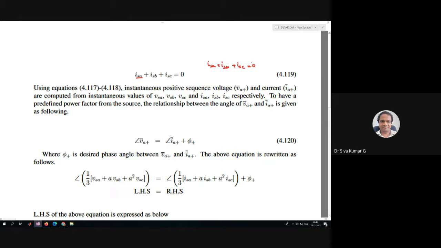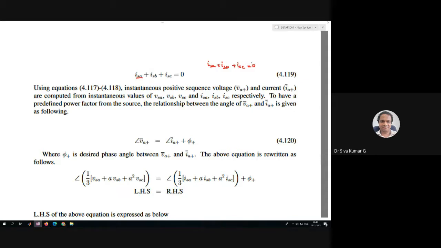Only then can you say that the compensator is operating perfectly and meeting its purpose. We are meeting the current quality improvement by injecting the filter currents, when ISA plus ISB plus ISC is zero.